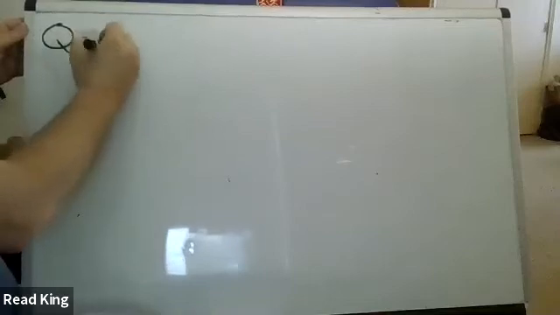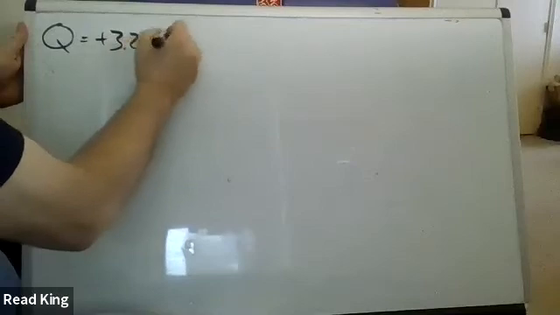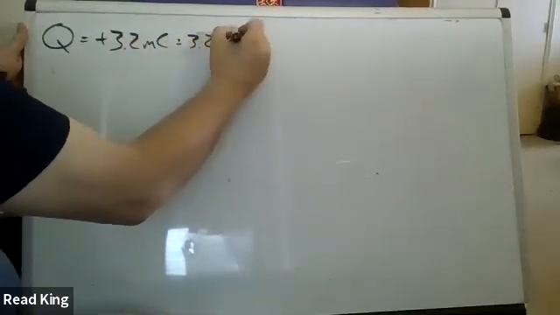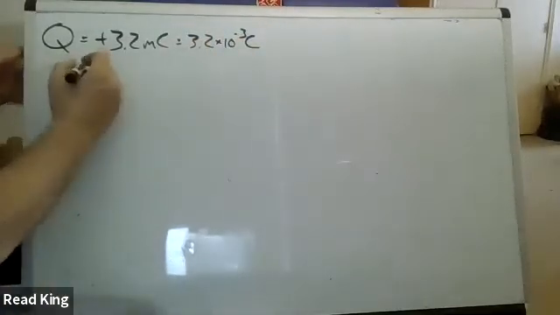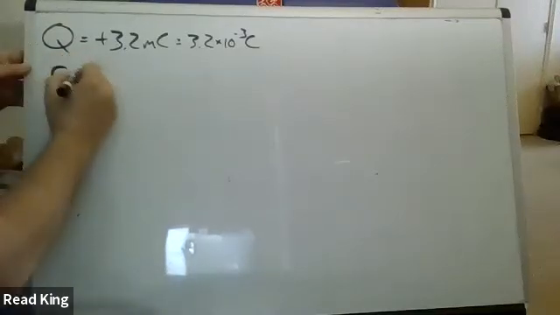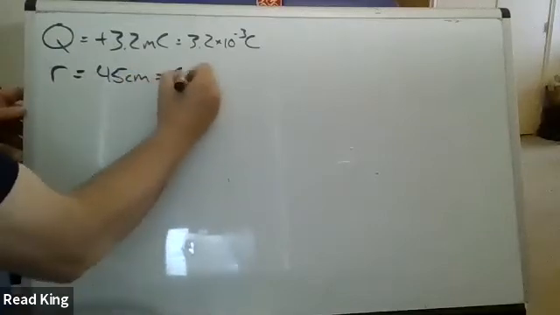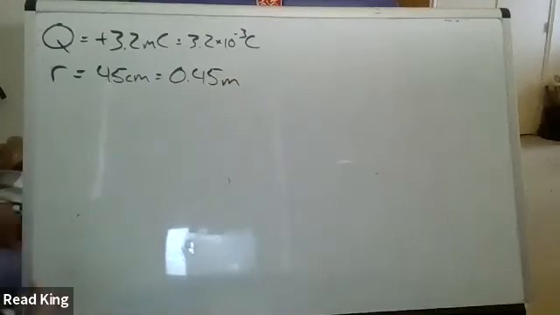So our charge is plus 3.2 millicoulomb, which is 3.2 times 10 to the minus 3 coulombs. That cannot move. What is the electric potential 45 centimeters from the charge? So R, the distance, is 45 centimeters, which is going to equal 0.45 meters. Again, very first problem of the chapter, it's just going to be a straight application of the equation.